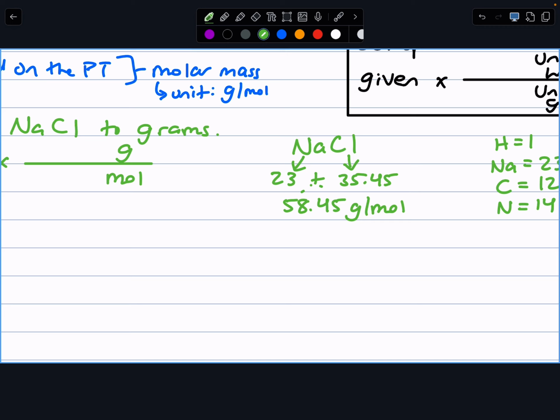So where's this number going to go, on top or bottom? Top. Because what does it say? 58.45 what? Per fraction, 1 mole. Does that make sense? Fraction. Does that make sense what I just did?